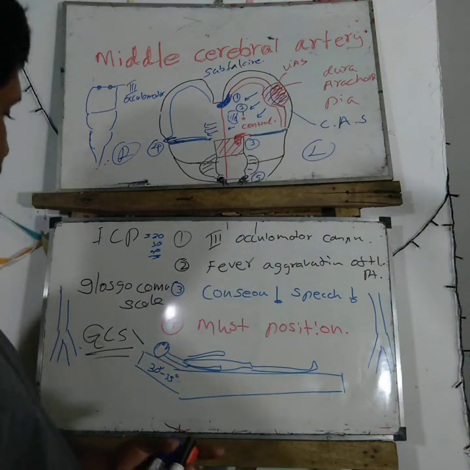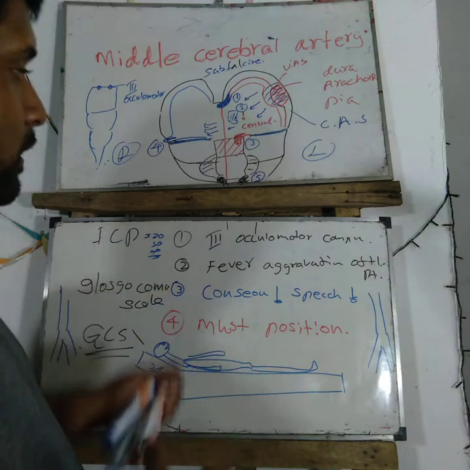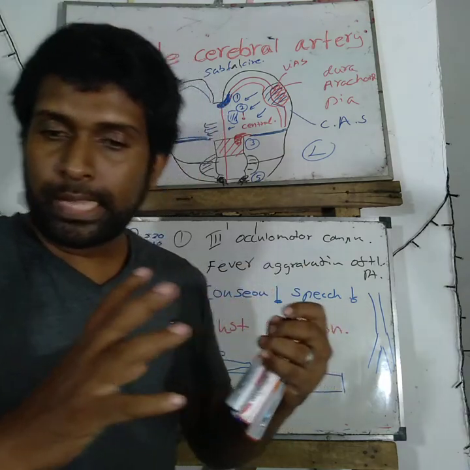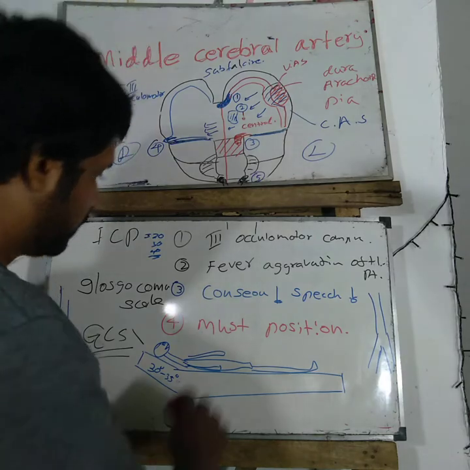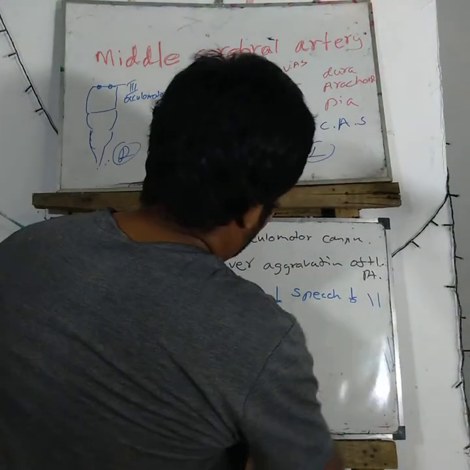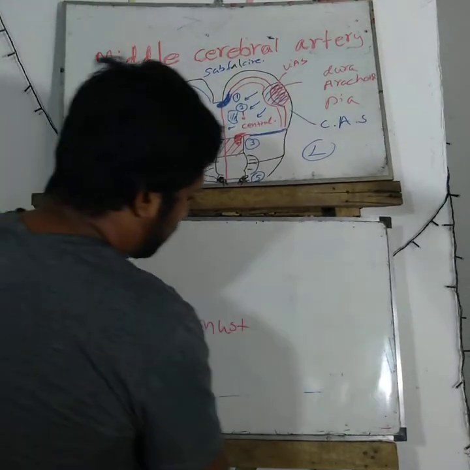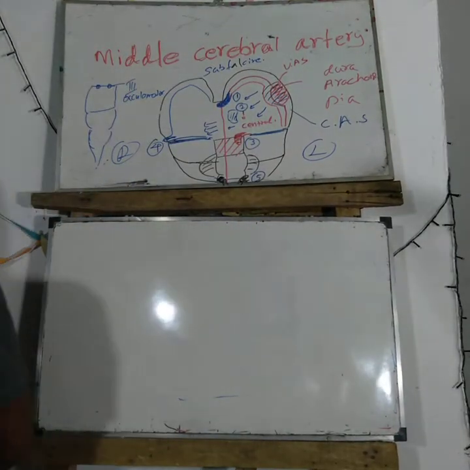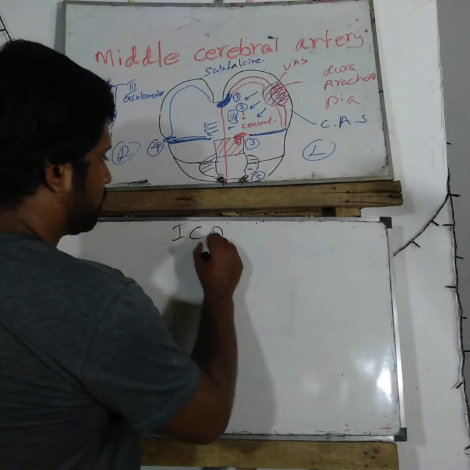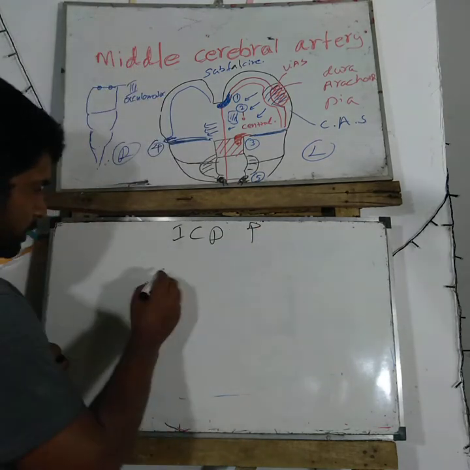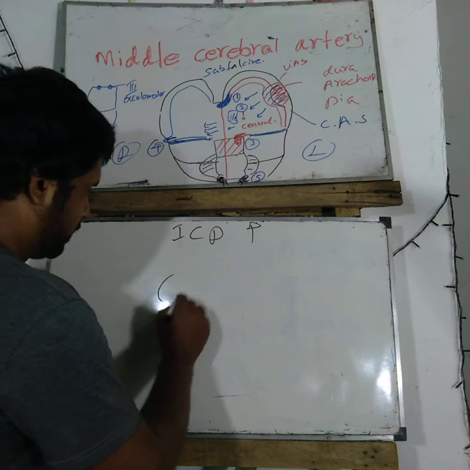Right, now we are going to another thing. When we are doing active exercise, we have to tackle how much compression is inside the brain, because the intracranial pressure goes high. The patient is positioned on the bed.